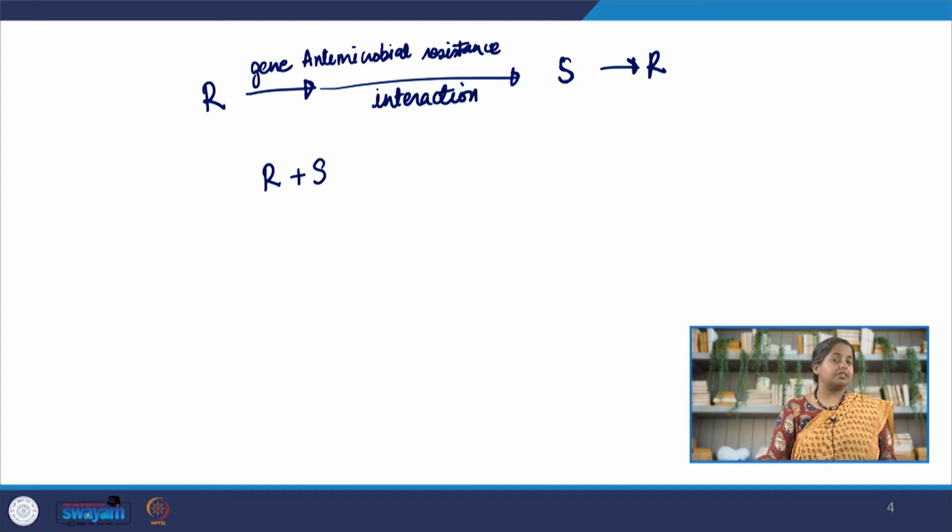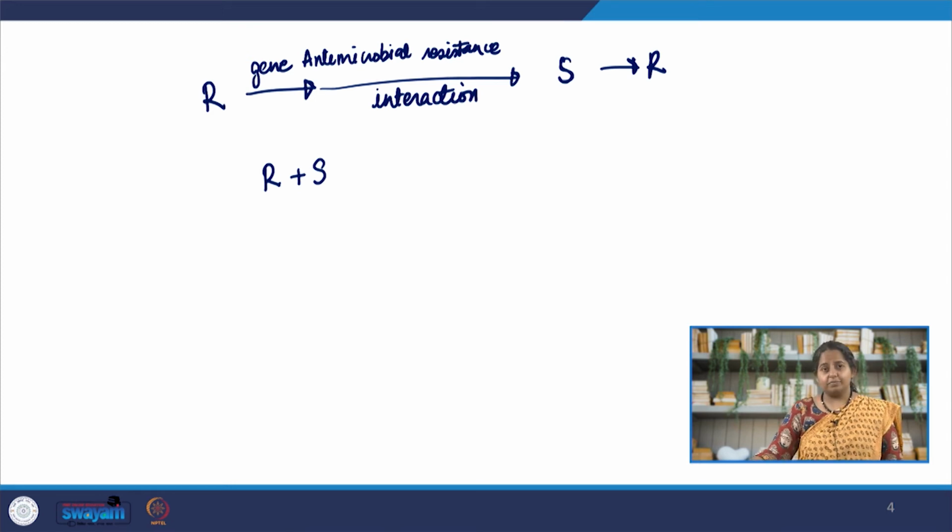This is something we discussed when we were talking about Lotka-Volterra models for predation, competition, and even cooperation. If in this case Rs were cooperating and it was helping their growth rate, then dR by dt should include a term that has the product of R and S.